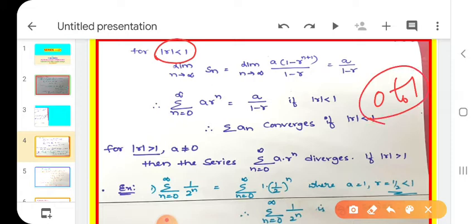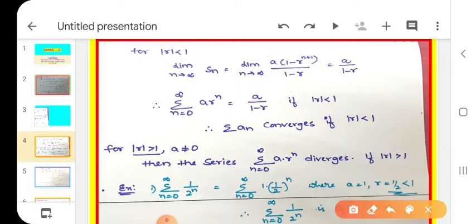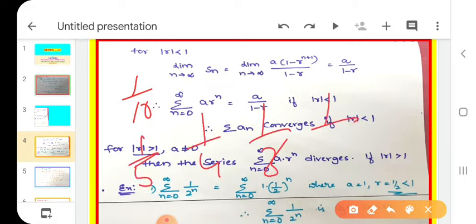0 to 1 means what is the value? What are the numbers between 0 to 1? 0.1, 0.2, 0.3, 0.4, 0.5, 0.6, 0.7, 0.8. Any number we take, we write only in the form of 0 point something. That means 0.1 means 1 by 10. 0.2 means 1 by 5, 1 by 4, 1 by 3, 1 by 100, 1 by 1000 like this.